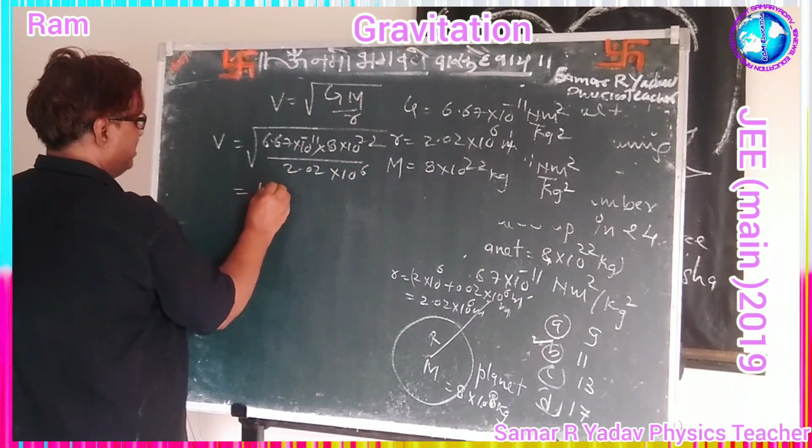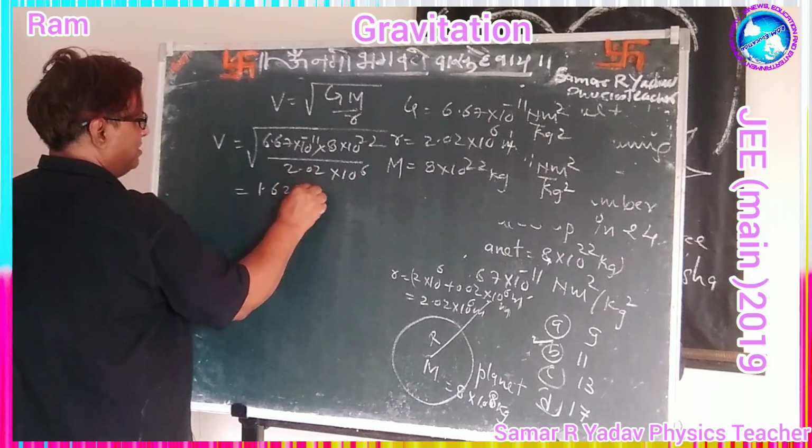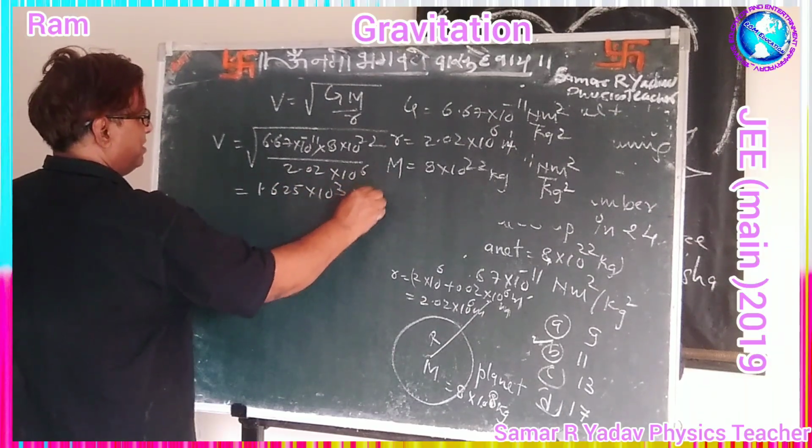Simplifying, you will get 1.625 × 10^3 meter per second.